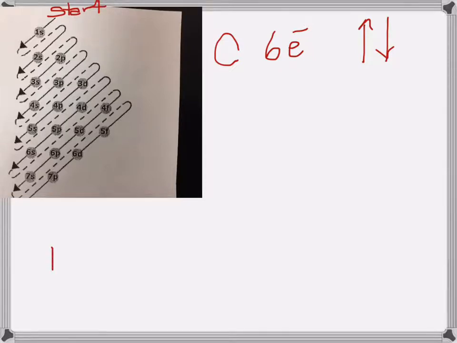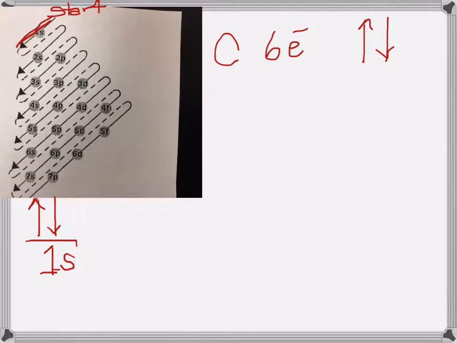So I'm going to write 1, which corresponds to the first energy level, and we're in sublevel S, and every time I put an S down, I'm going to draw 1 line over it, not because of the 1 for the energy level, but because there's only 1 orbital in sublevel S. Now I need 1 electron and 2 electrons because I'm trying to get to 6. Okay, so now I'm done with that.